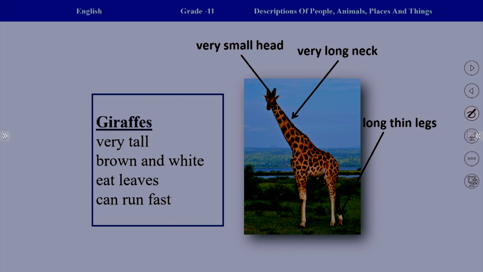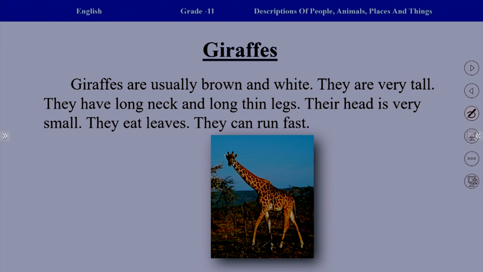Yes, children, I think you have written something. Yes, giraffes. Shall we read it together? Giraffes are usually brown and white. The brown and white, that is the clue given in the box.